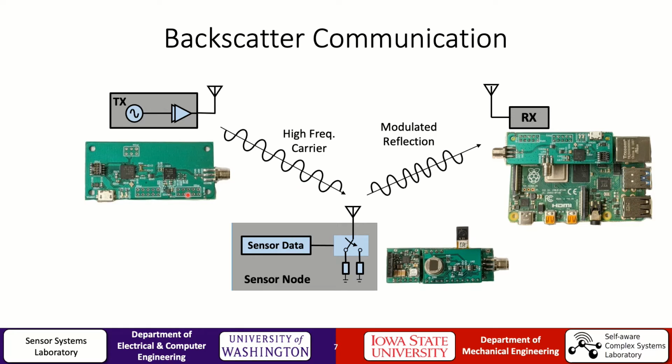Here we have our transmitter that generates the carrier. We have our sensor node that has the camera, and we have our hub that has a receiver board and a Raspberry Pi 4.